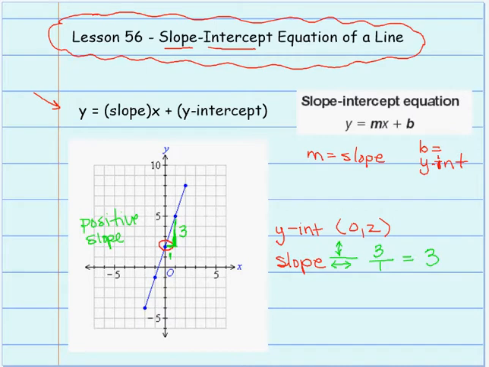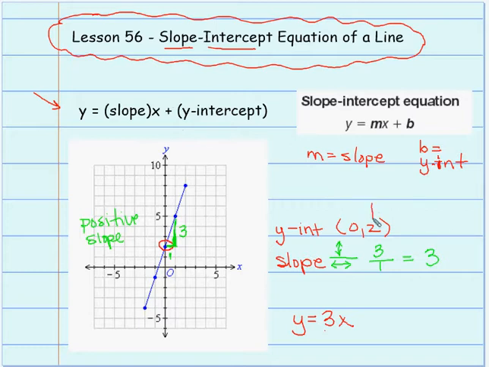So let's put this all together. If we wanted to write the equation for this line in slope-intercept form, we would start with y. It's always going to be y equals, what was our slope? Our slope was 3. And then it's always going to be an x. And then this part here, we either do a plus or we do a minus.